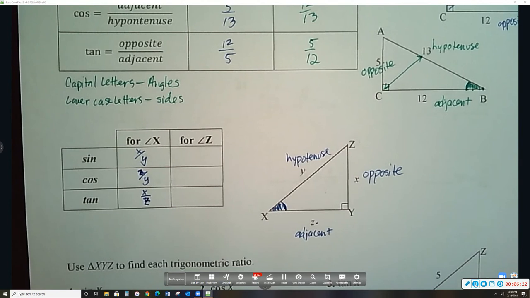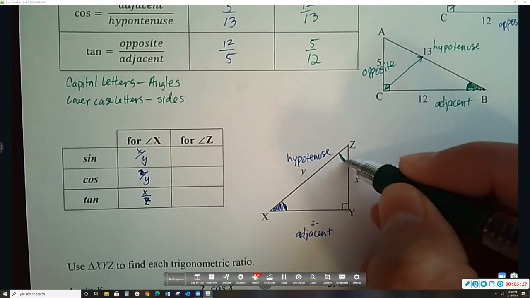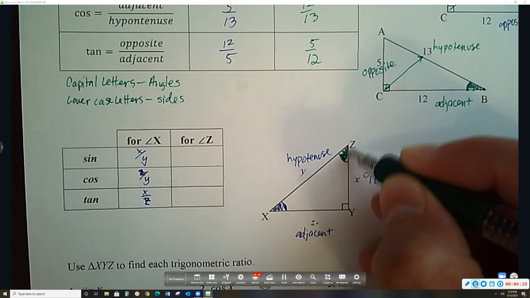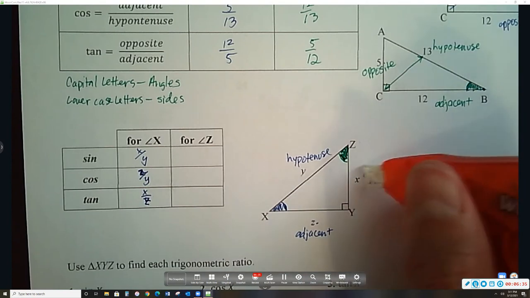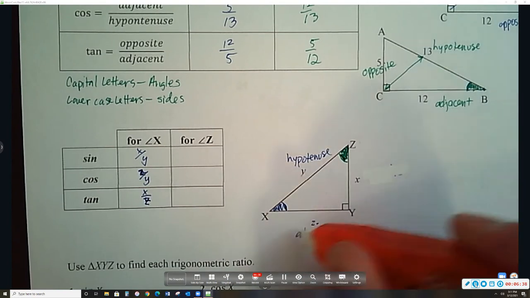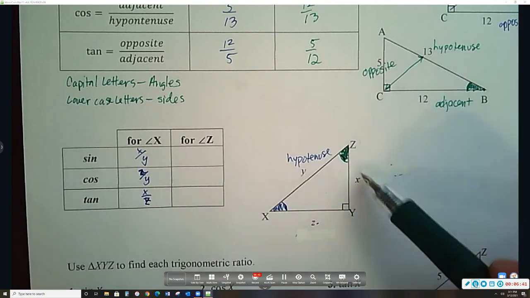Now when we start talking about angle z, I'm going to show you what changes, and I'm going to change it kind of in real time so you guys can see. The hypotenuse stays the same. What changes now are the adjacent and opposite leg, because x is now next to angle z.